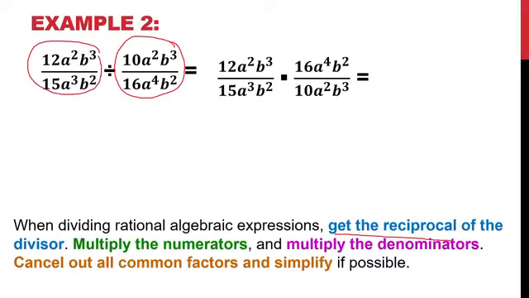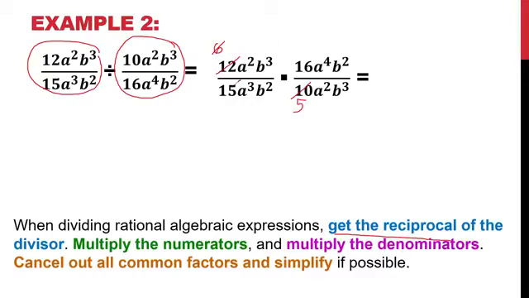And proceed to cancellation. What's common between 12 and 10? Common is 2. So this becomes 6. And this becomes 5. What are other commons here? Yes, we have 6.